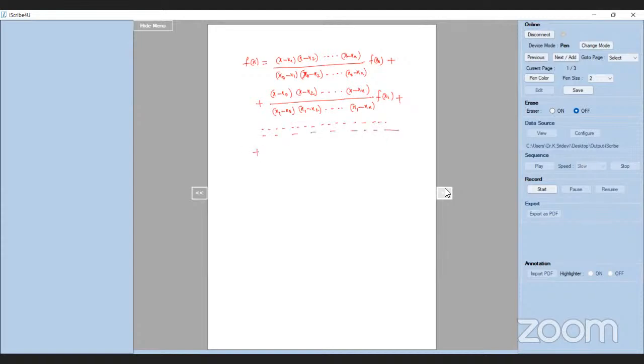Plus, the last term, an into x minus x0, x minus x1, x minus x2, and so on, x minus xn minus 1, where an means f of xn divided by xn minus x0, xn minus x1, and so on, xn minus xn minus 1.